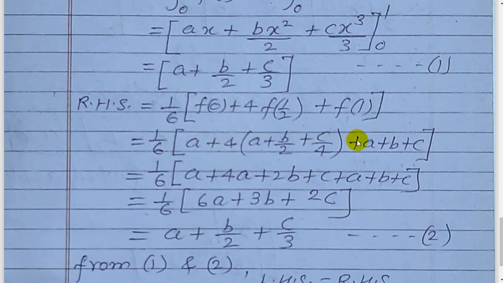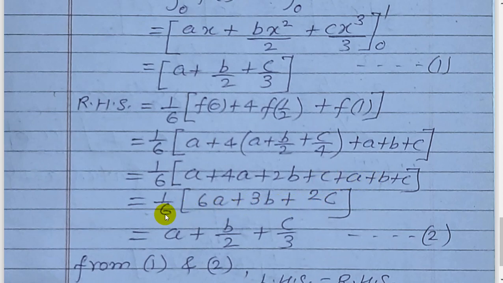Now we need to simplify all these terms. So it is equal to 1 upon 6 times a plus 4a plus 4 into b by 2, that is 2b, plus 4 into c by 4, that is c, plus a plus b plus c. Therefore a plus 4a plus a becomes 6a, 2b plus b becomes 3b, and c plus c becomes 2c.